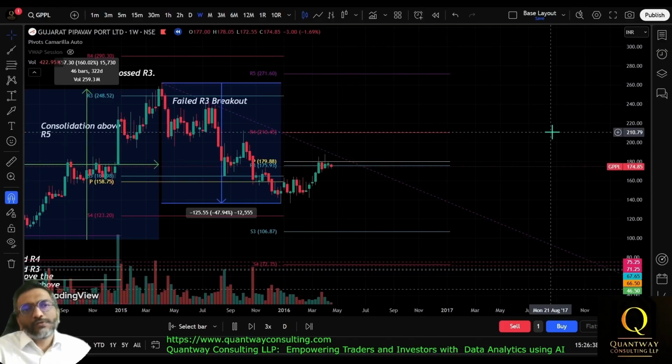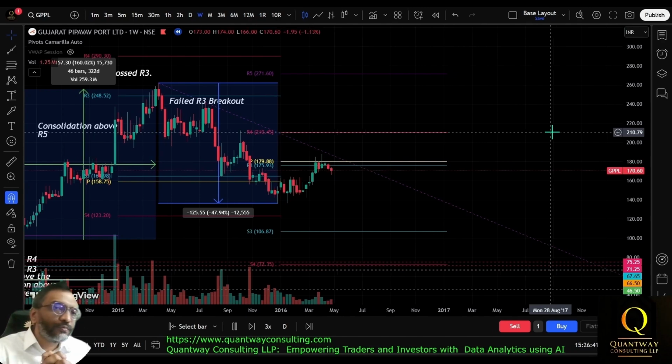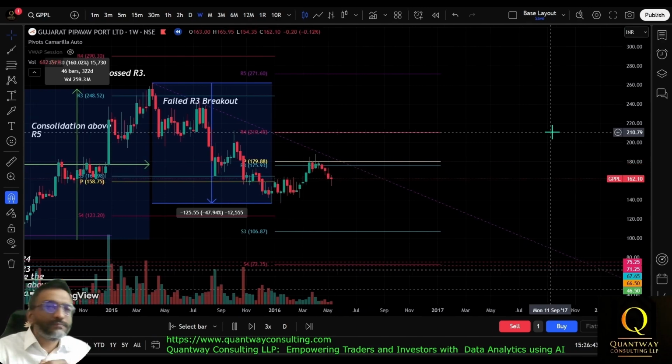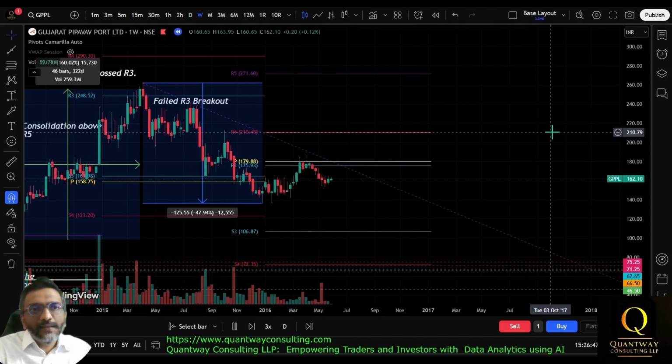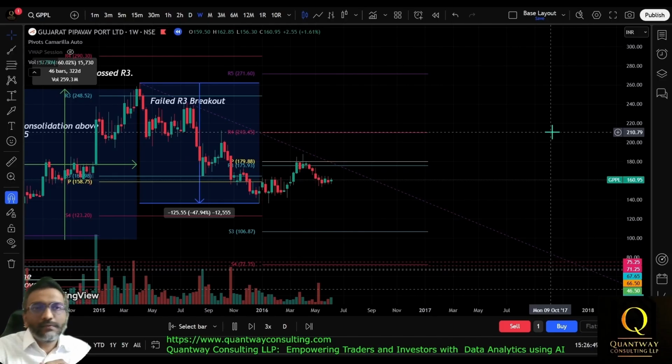So typically stocks will consolidate for most of the time, then they will show some sharp moves up, sharp moves down. But mostly they go around.